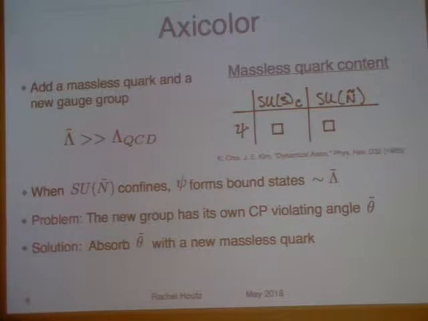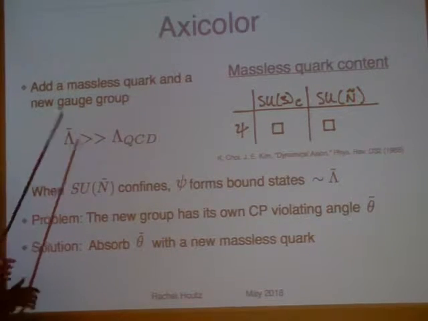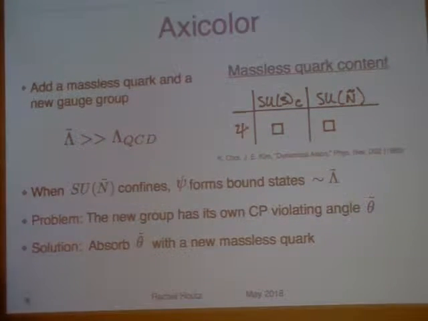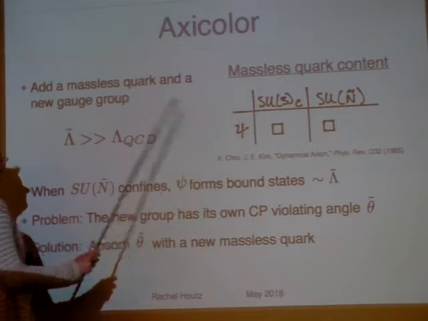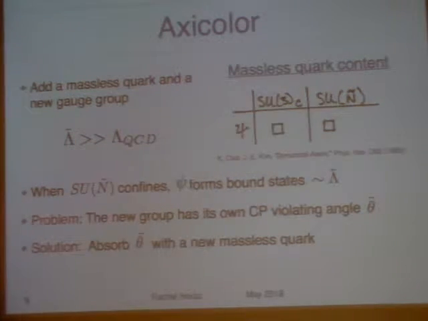All right, so here are some models along the same lines as my model, to give you an introduction to what I'm going to be doing with exotic massless quarks. A long time ago, in the 1980s, Choi and Kim wrote this paper where they add a new massless quark to their theory, this psi, and it's charged under QCD, so it has the ability to rotate away this theta CP.